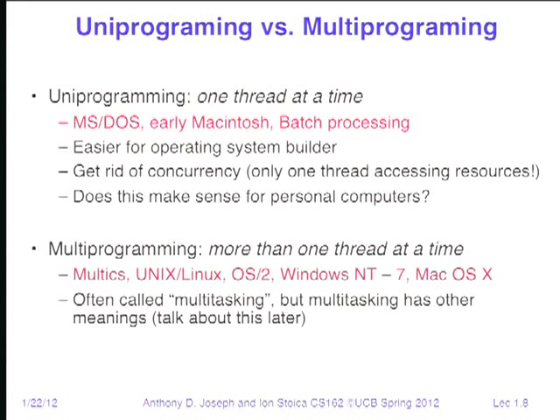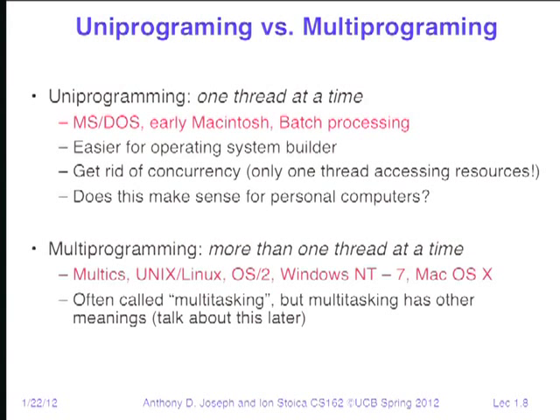Then Unix and Linux, and OS/2 developed by Microsoft and IBM jointly. Modern versions of Windows and modern versions of the Mac all support multiple threads running at the same time. Some people call this multitasking, but multitasking has other meanings. We'll come back to this later on.